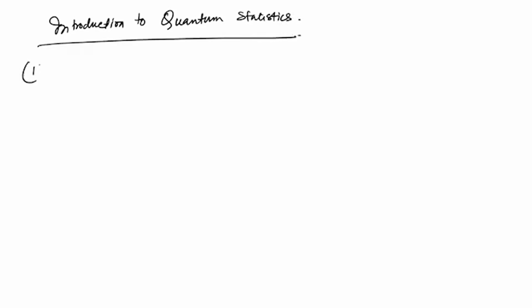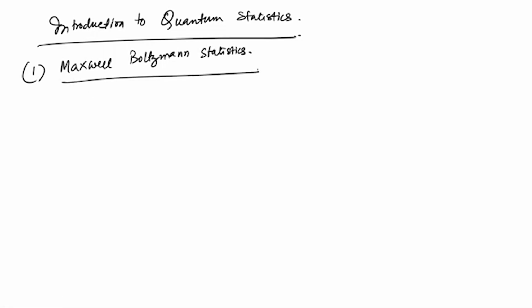So, the first one is Maxwell-Boltzmann statistics. What it demands is that you take any particle in any state, and there is an overall factor of 1 over n factorial that should come in counting the number of microstates that are possible.